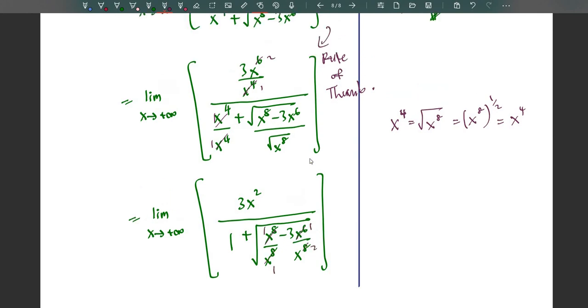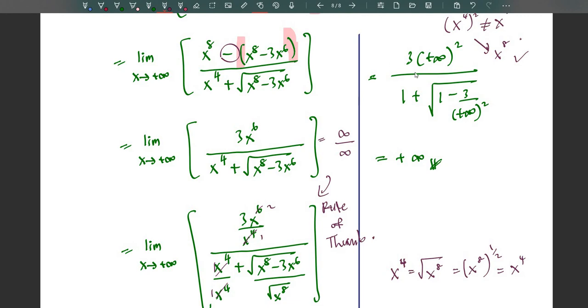Then only substitute the value of infinity. So here is going to be 3 times positive infinity squared over 1 plus root of 1 minus 3 over positive infinity squared. If we substitute the value, what we're going to have is 3 times positive infinity divided by 1 plus root of 1 minus 0, because this one is going to be 0.